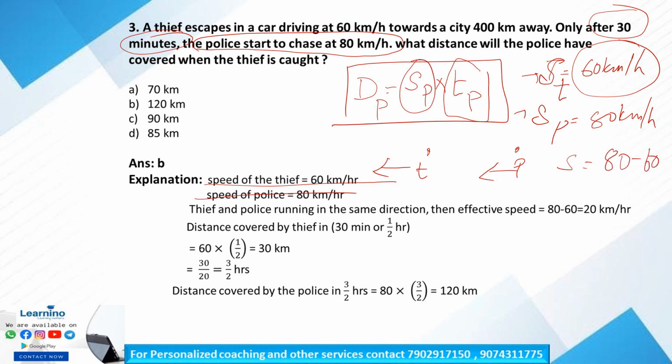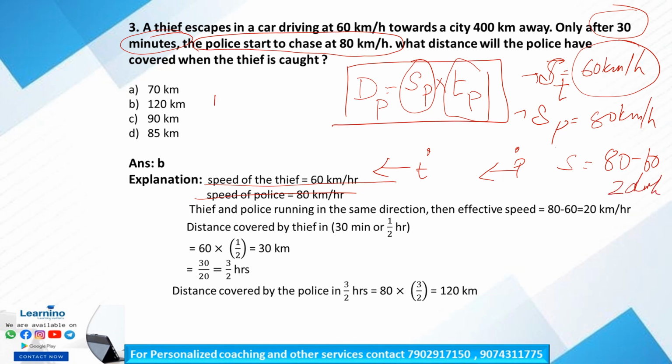So the relative speed is equal to 80, the policeman's speed, minus 60, the thief's speed. The relative speed is the speed of the policeman minus the speed of the thief, which is 20 kilometers per hour.